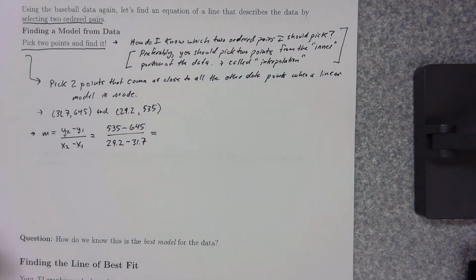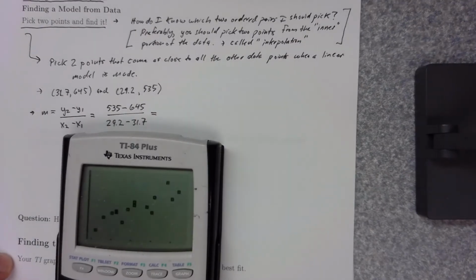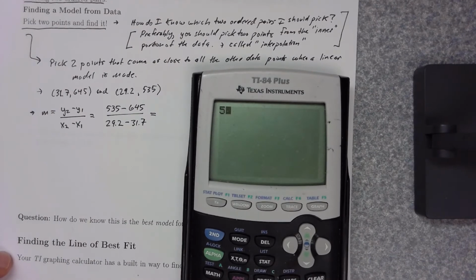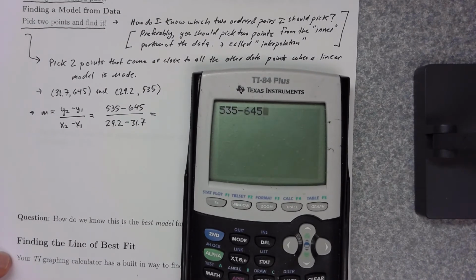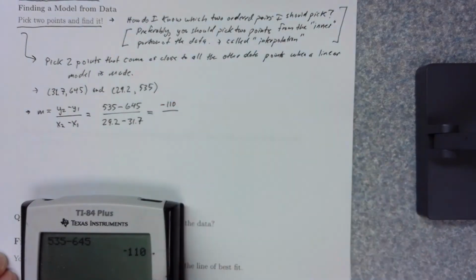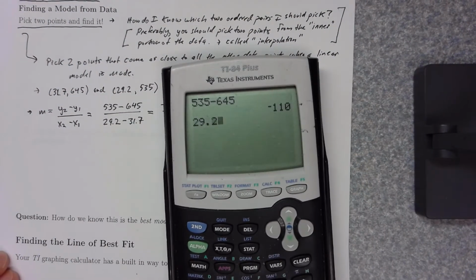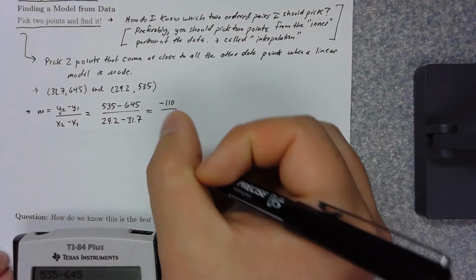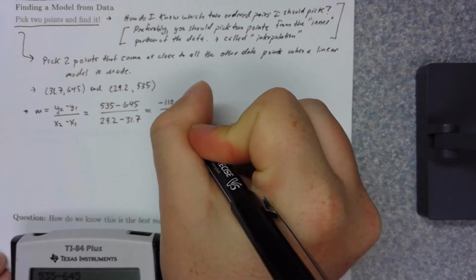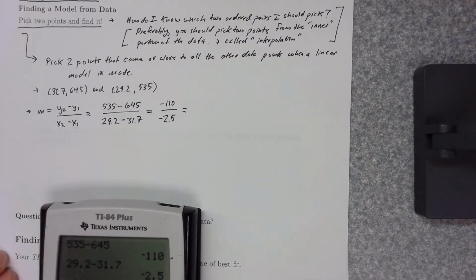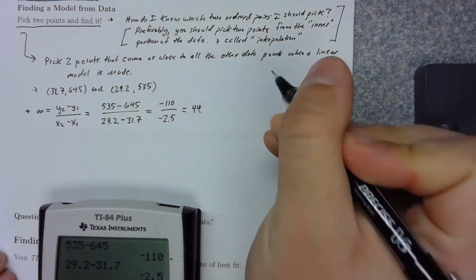When I take out my calculator, 535 minus 645 gives me negative 110, over 29.2 minus 31.7, which gives me negative 2.5. So negative 110 divided by negative 2.5 gives me 44. So my slope is 44.